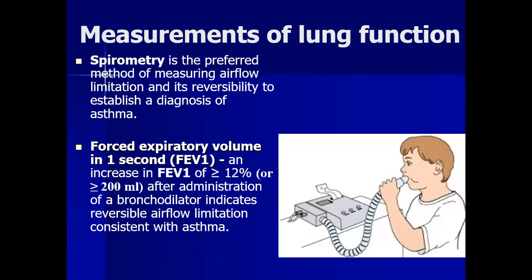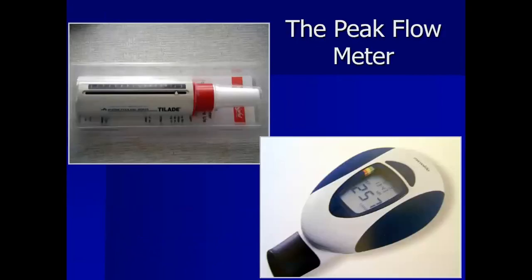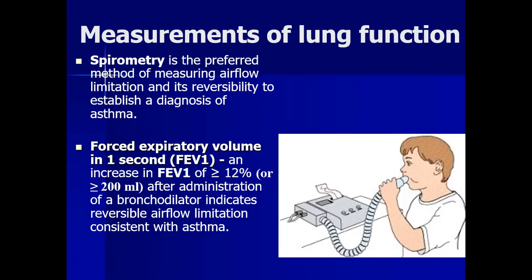Lung function. In order to diagnose asthma, we have to measure lung function with the spirometric method, forced expiratory volume, and peak flow meter. Spirometry is the preferred method of measuring airflow limitation and its reversibility to establish a diagnosis of asthma.